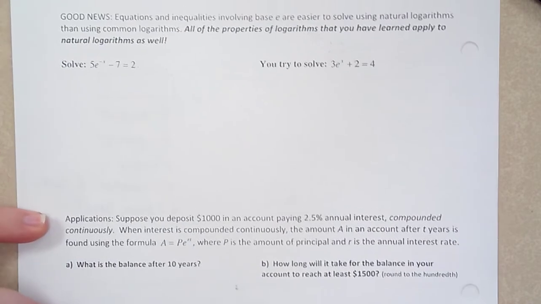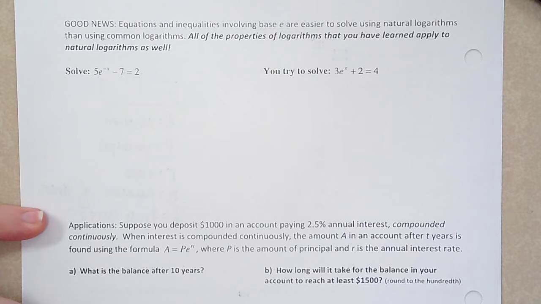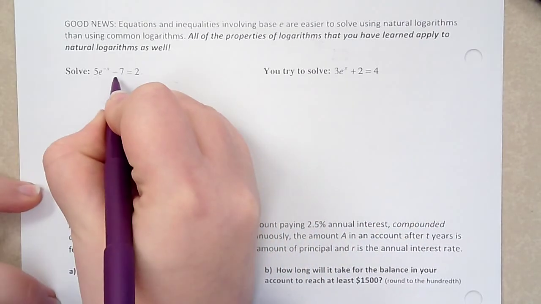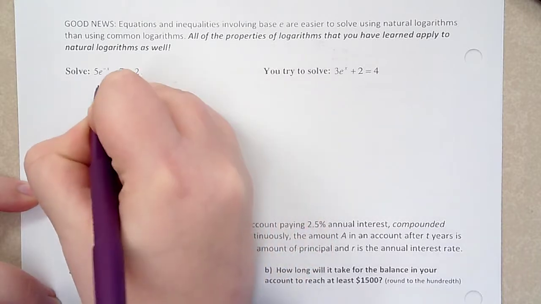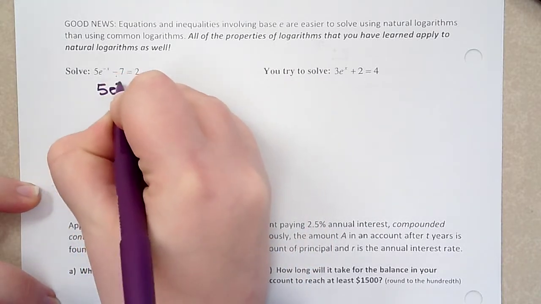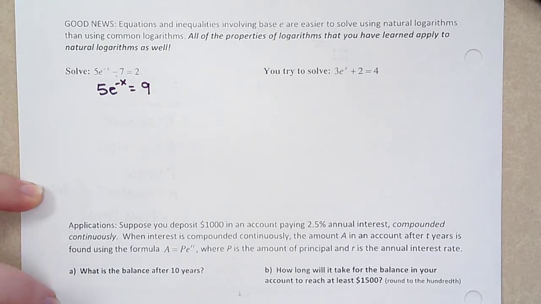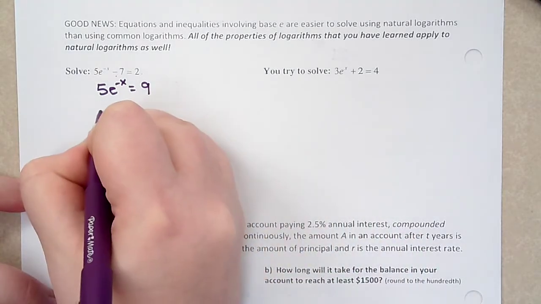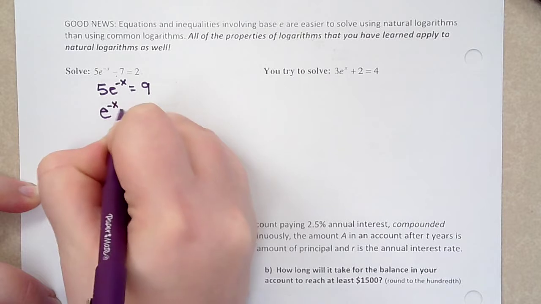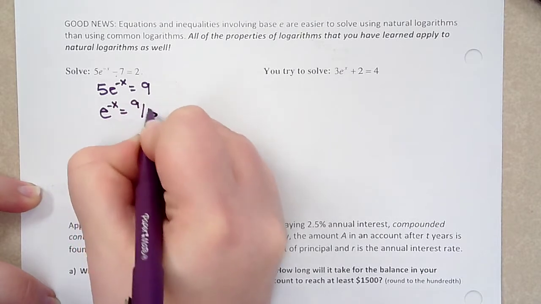Well, if we're trying to get x alone, we should probably move everything away from x as much as we possibly can anyway. For me, this starts by just moving the 7 over. I get 5e to the negative x equals 9. The next thing I want to do is divide by that 5, so I have e to the negative x equals 9 over 5.